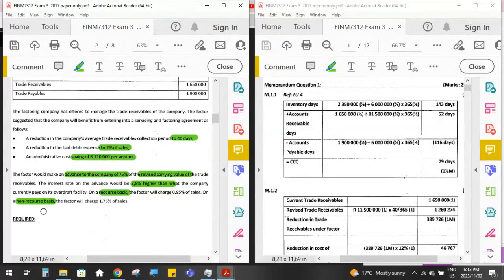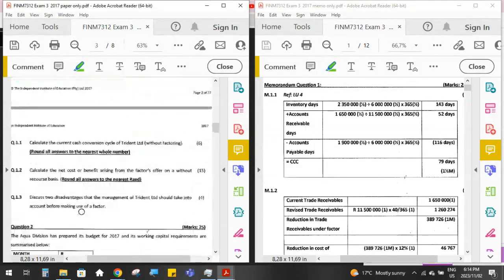If the contract is signed on a non-recourse basis, that means that whatever debts the factoring company can't collect will be for the expense of the factoring company. They have got no recourse to claim those bad debts back from the company that they're contracting with. Okay, so that's what that means.